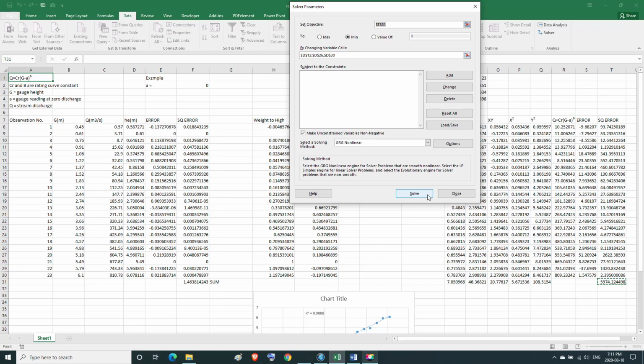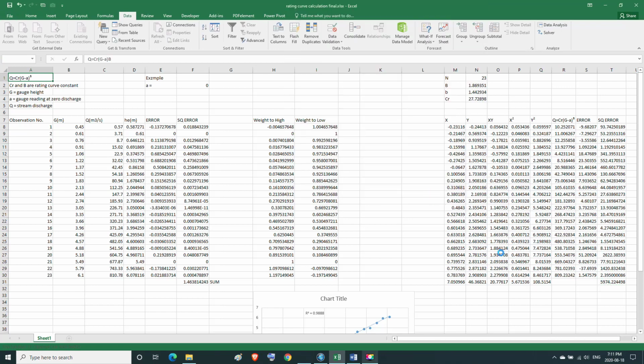And we can repeat the optimization by solver many times, as we see.